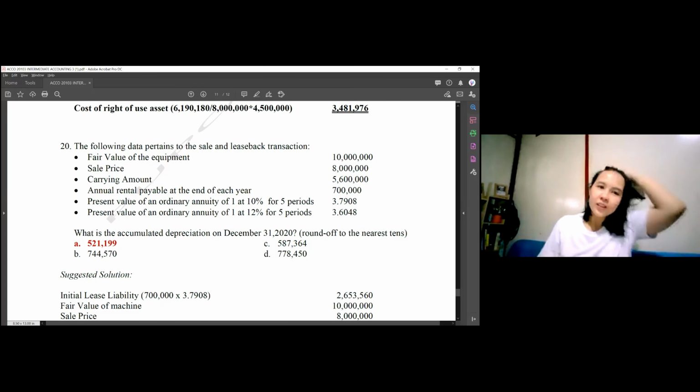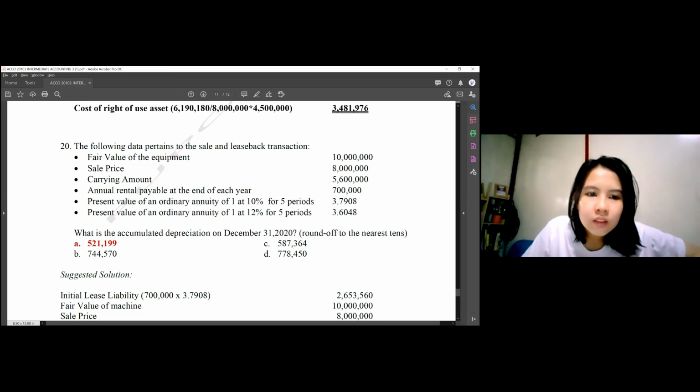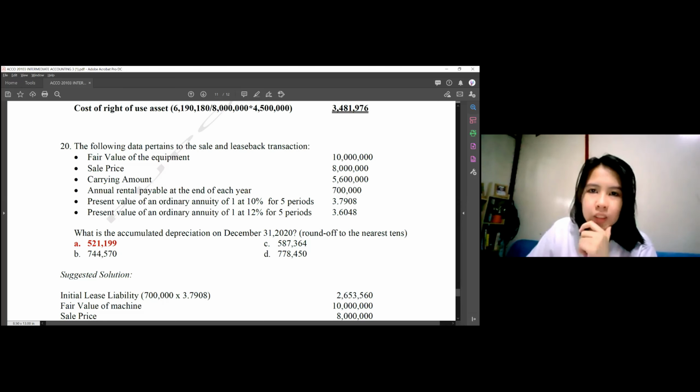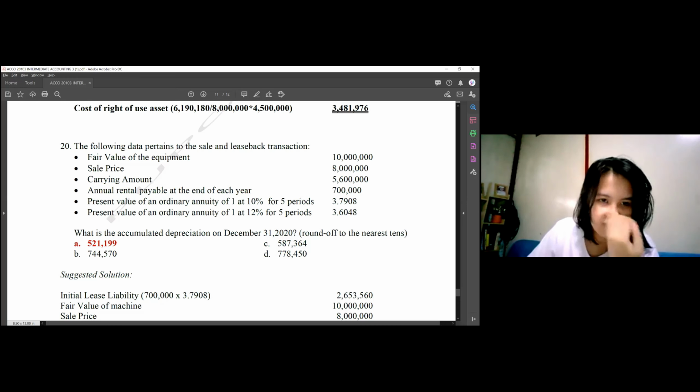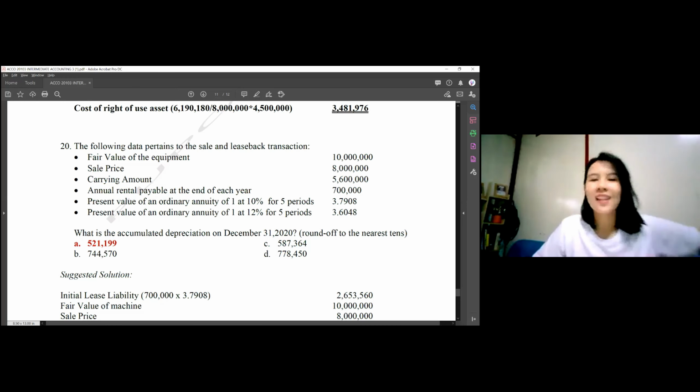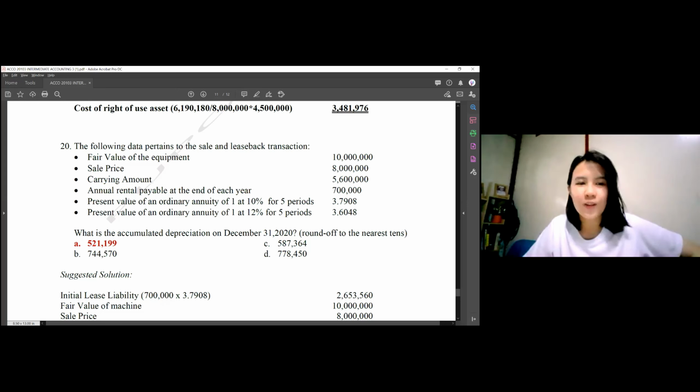Okay. So, parang may kulang na data. Wait lang ha, let me check. I don't think na related siya dun sa previous problem, but sige, let's see, sales price. Yun, kasi first, una sa lahat, yung implicit rate niya is hindi given kung alin dito sa dalawang rates na to.